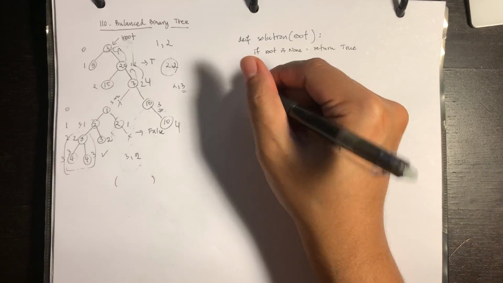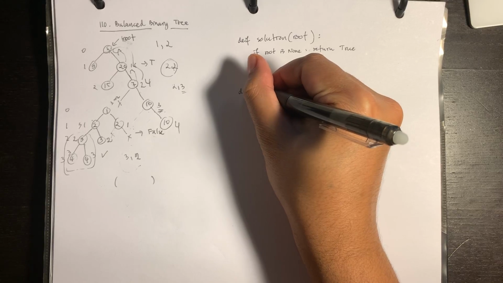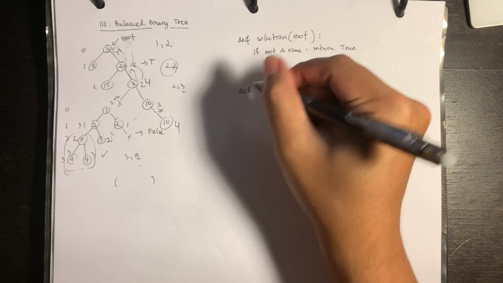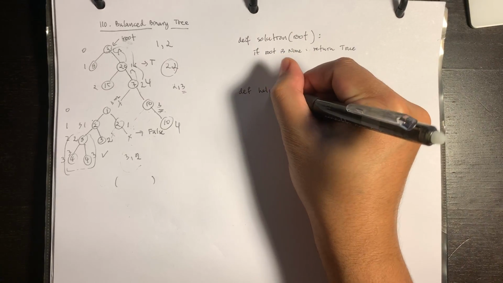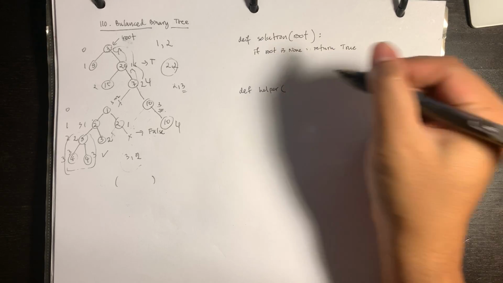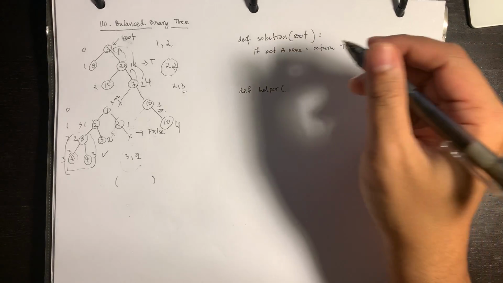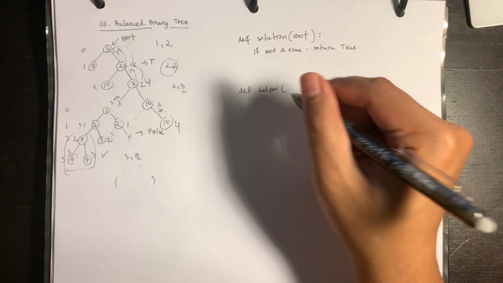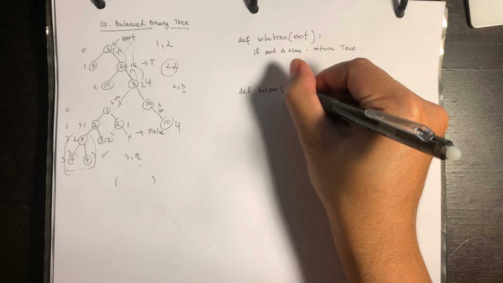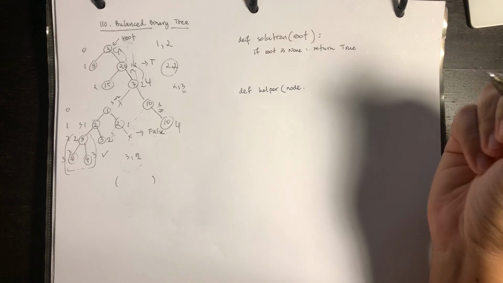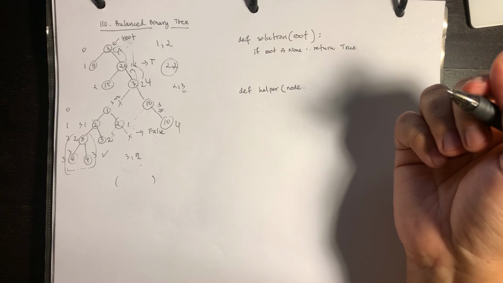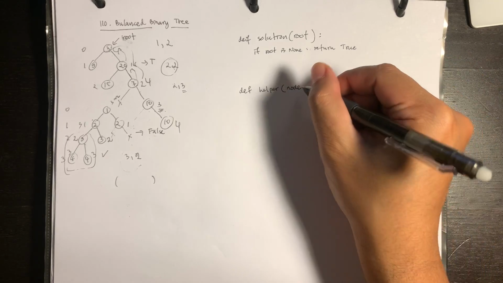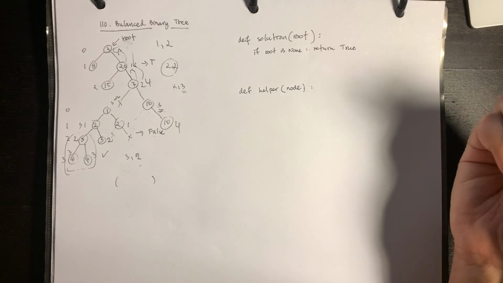And then we want to have some sort of helper. This helper function is basically the recursion. So in our recursion, we want to use nodes. Yeah, basically just node.